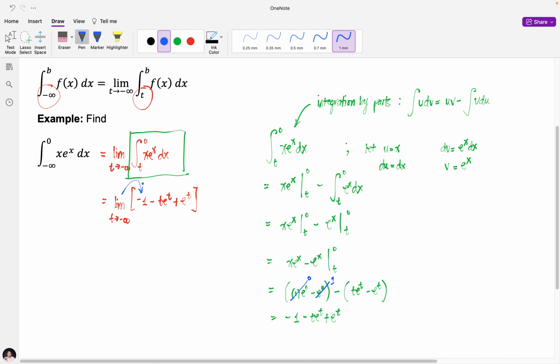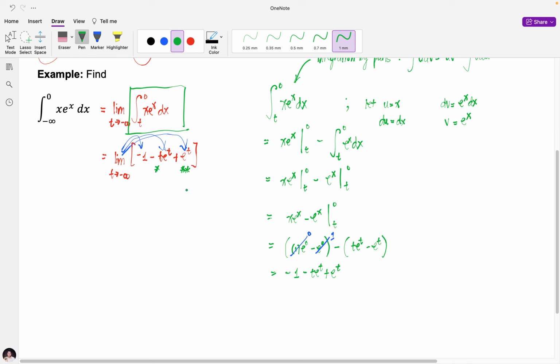First, limit of negative 1, then limit of t times e raised to t, and the limit of e raised to t. Okay? So dito, yung second and third term yung medyo kailangan nating isolve kasi yung limit of negative 1 is just negative 1.